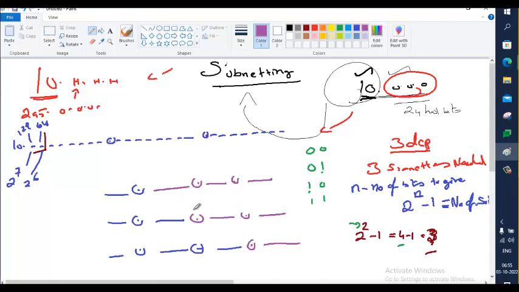So network will always grow from left to right. See, here 8 bits, here 16 bits, here 24 bits. It's growing from left to right. When you speak of network, it only grows left to right.